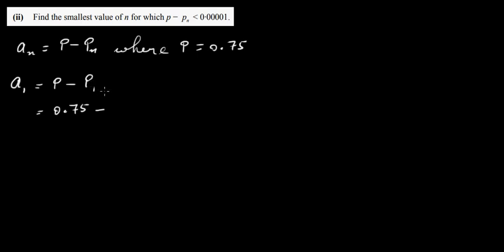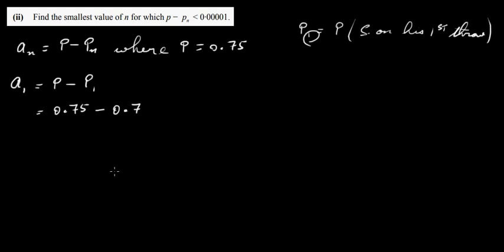If you think about where this whole question started, p1 is just the probability that Michael is successful on his first throw. And we know that from the question, that's 0.7. They told us that at the very beginning, 0.7. So in other words, our first term then is just simply 0.05.